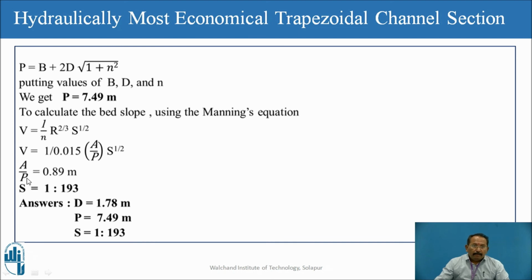Area by perimeter, that is the hydraulic mean radius, is 0.89. Putting these values, we will get slope as 1 in 193. So D is 1.78, P is 7.49, and S is 1 in 193. Similar calculations you can also do by using Chezy's constant.